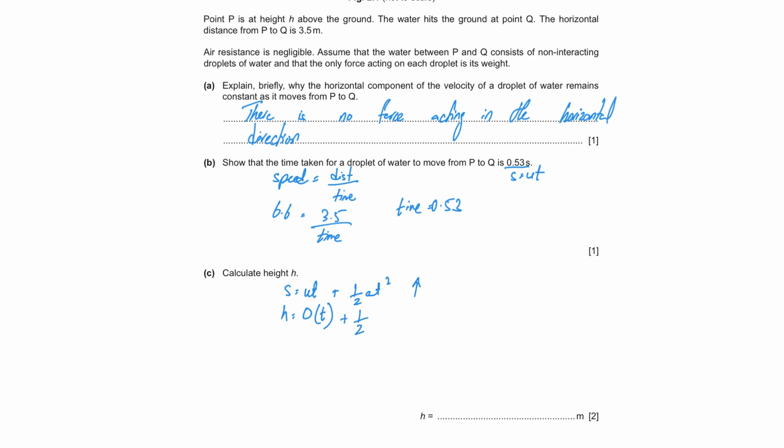Plus half into acceleration, which is 9.81, times t squared, which is 0.53 squared. The answer that we get is h equals 1.378 meters. Rounded off, this is 1.4 meters.